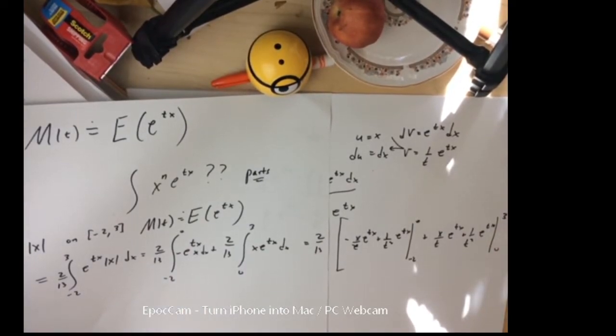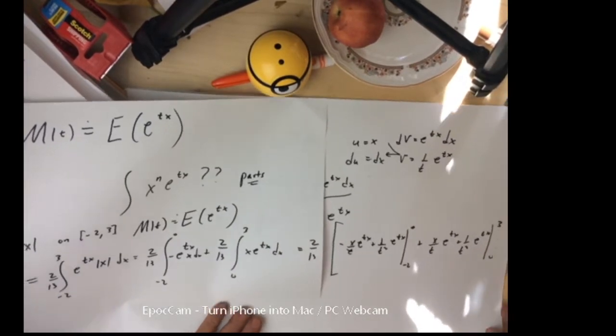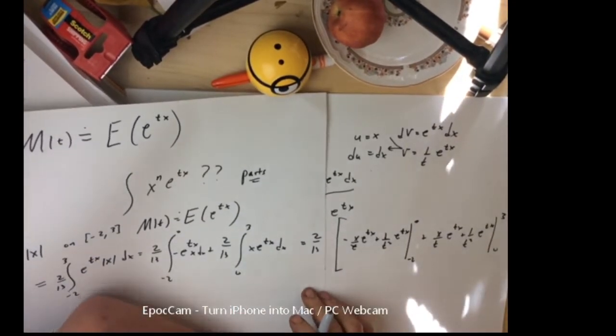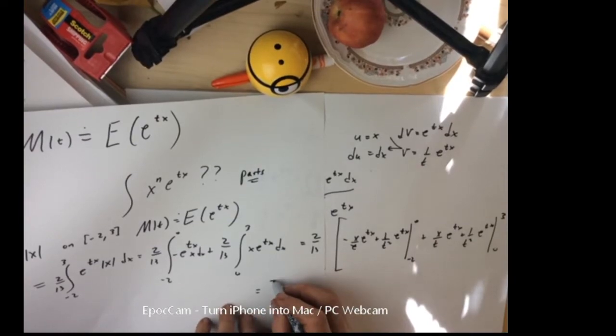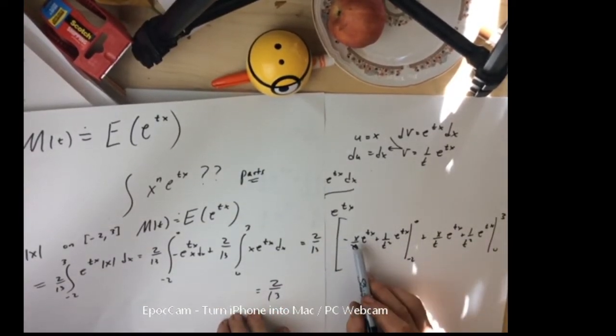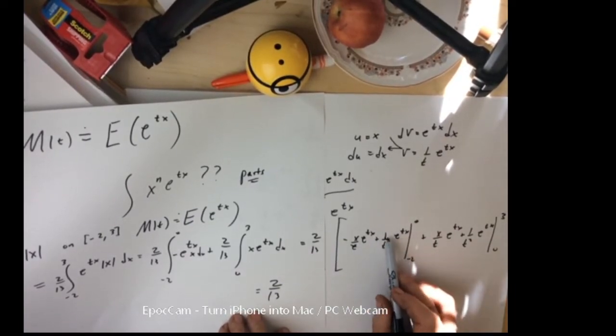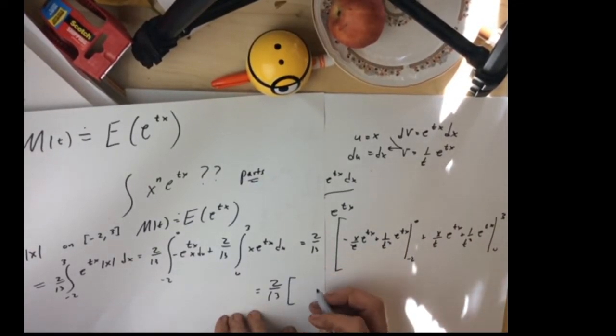Now, it kind of gets hidden here what it's going to look like, but it's not so bad. So let's do this evaluation. The 2/13 is still hanging in the front. I'm going to plug in 0, which kills that and makes this one 1. So we get 1 over t squared.